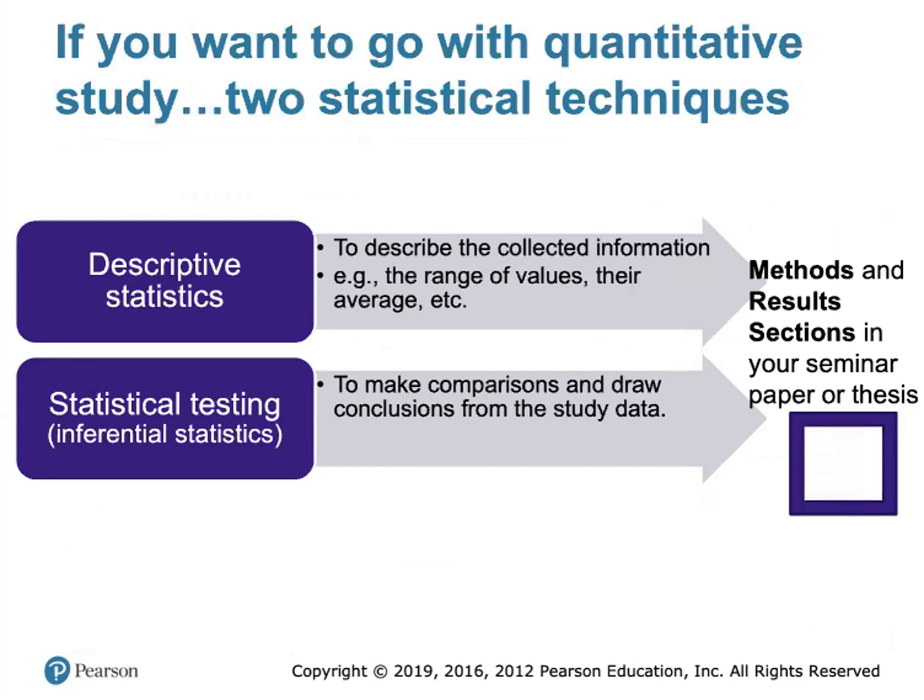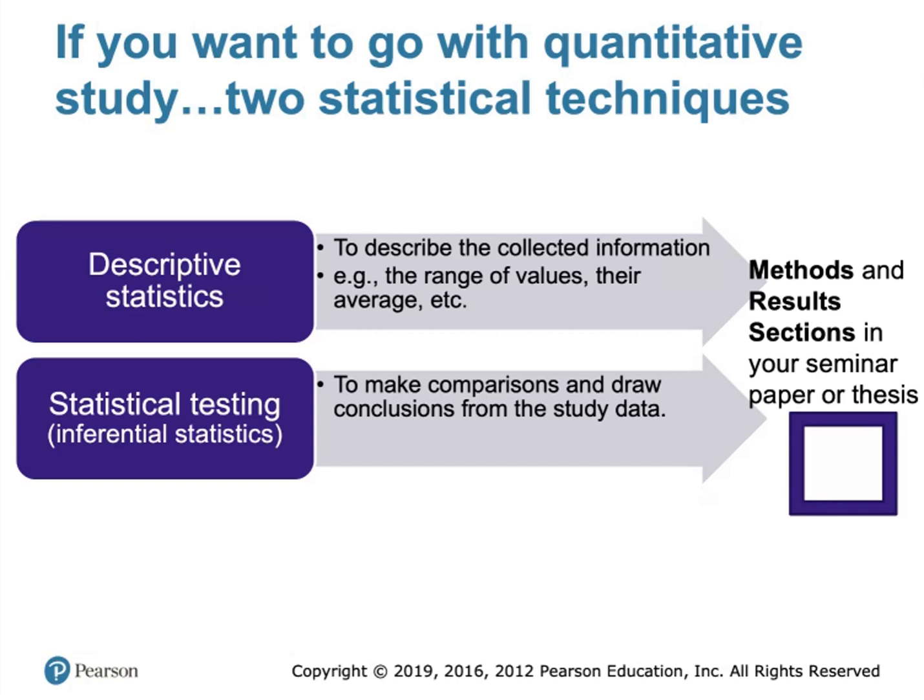Maybe you are familiar with this figure, right? If you want to go with a quantitative study, there are two statistical techniques. One is descriptive statistics. Second is statistical testing. For descriptive statistics, you're going to look at range of values, their average, or maximum, minimum.